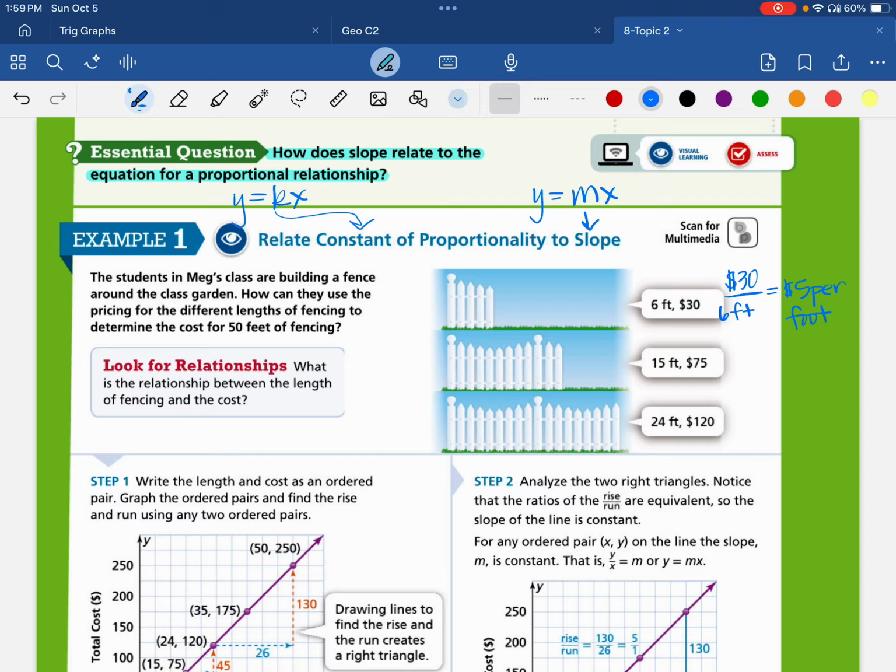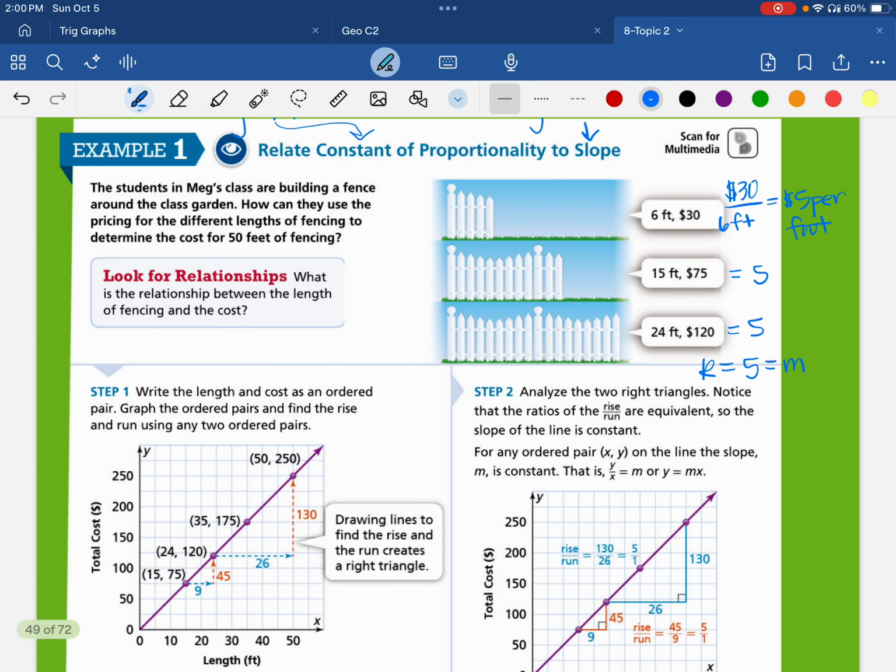In each of these pairs of numbers, if we divide them, dollars divided by feet, 75 divided by 15, you're going to get $5 per foot, and $120 for 24 feet, again, $5 per foot. So this relationship is a proportional relationship. Our constant of proportionality is going to be 5. That also means that the slope is going to be 5.